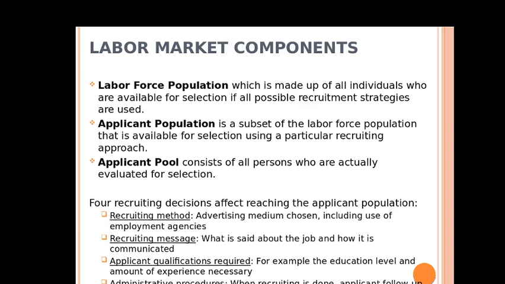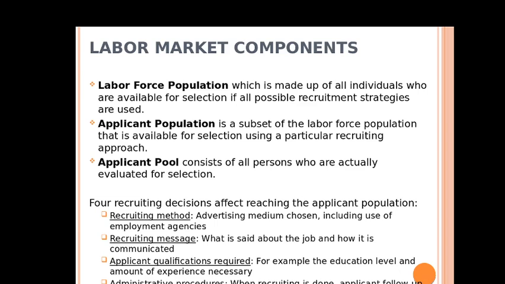That's why it is very important to consider the image and the branding of your company that would be enhanced or carried on by the recruitment method. For example, a company that cares for its employees is quite a tagline that would create an image or an impact. Third, applicant qualifications required: educational level, amount of experience, the skills needed, all the qualifications of the applicant.